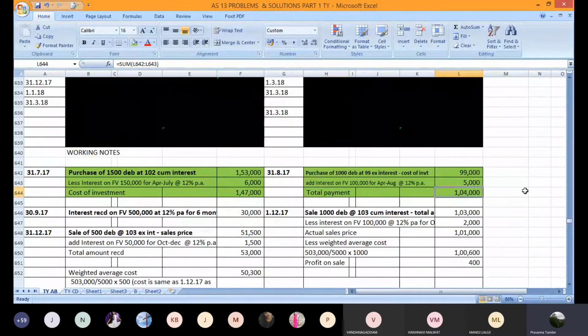As Vandana had said, the entry will be investment account debit 99,000, interest account debit 5,000, to bank account 1,04,000. Those who have not completed, write down the entry and working note also, and we'll post the entry here.